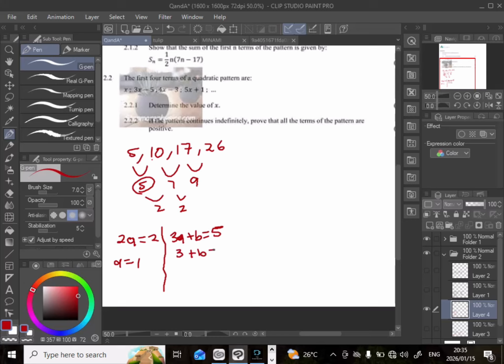Remember, since we are solving for b, we must solve for this equation here. So we are solving for a, for b, for c. So b equals 5 minus 3, which equals 2.